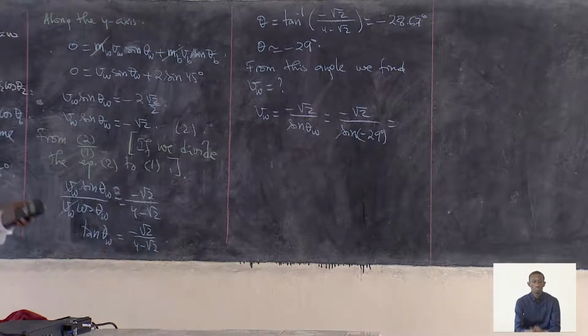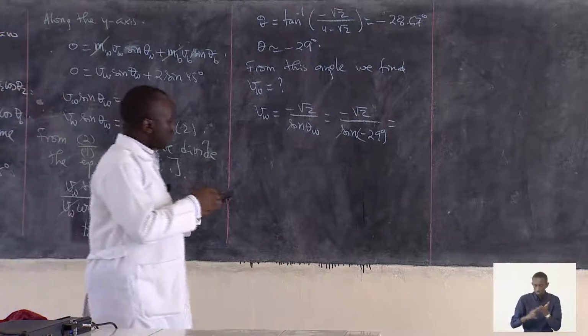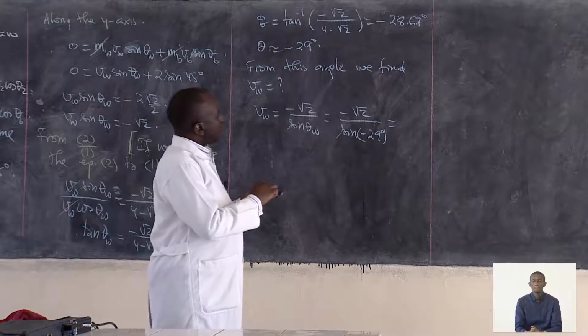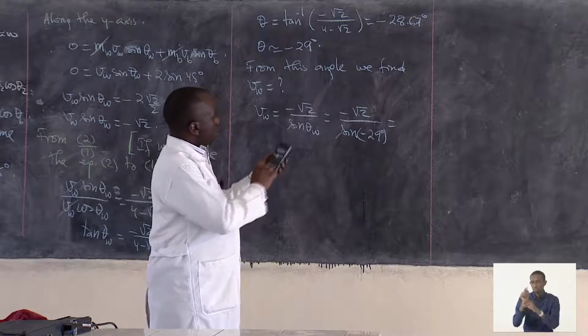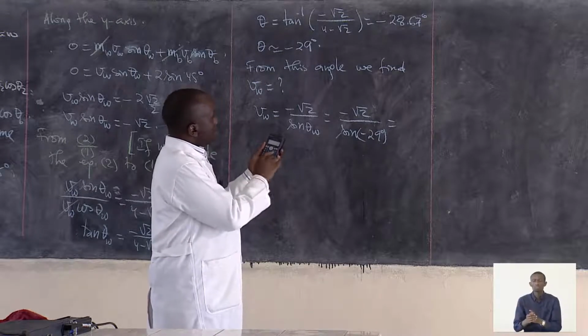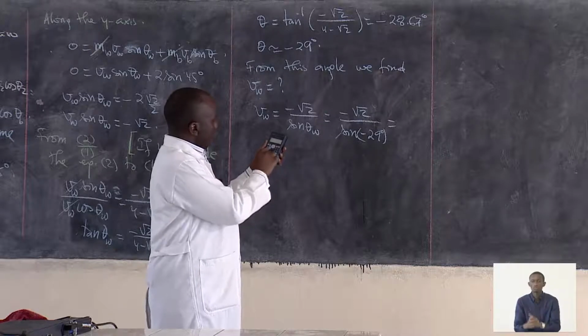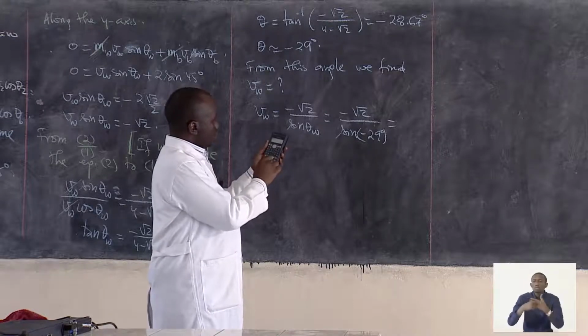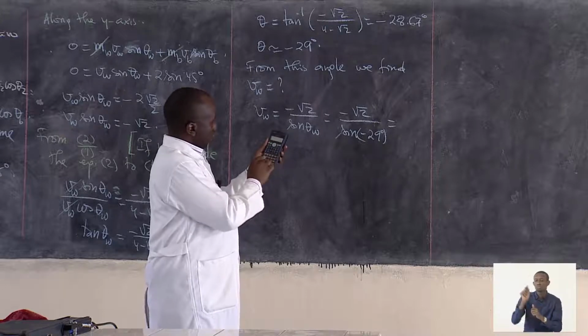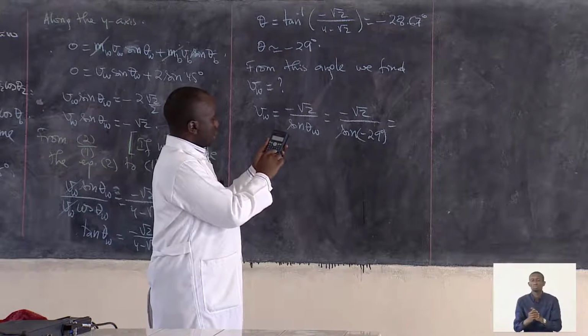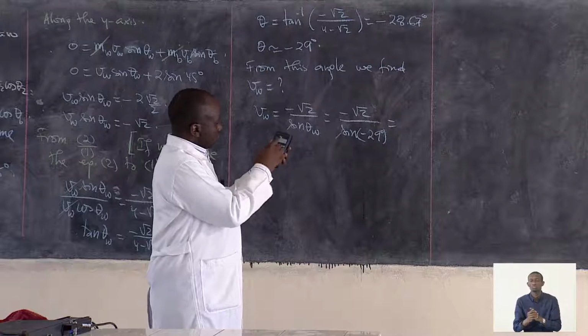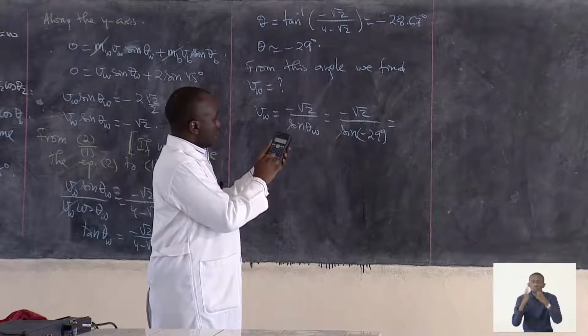Okay, students, if we use a calculator and substitute what we have, let's use the parentheses. We have a minus square root 2, and we close it, then over sine of negative 29.